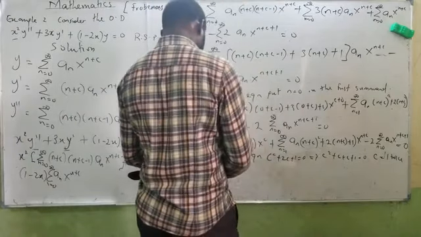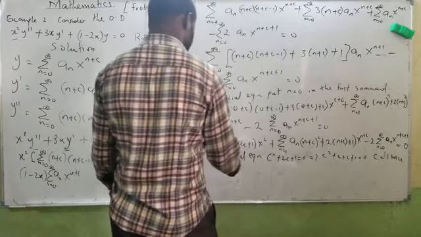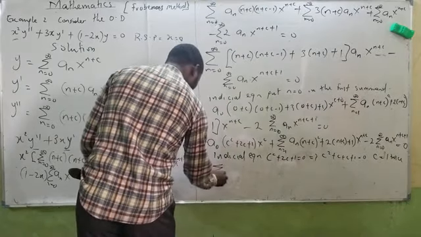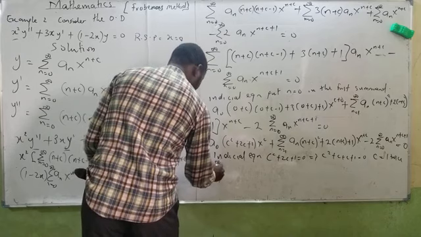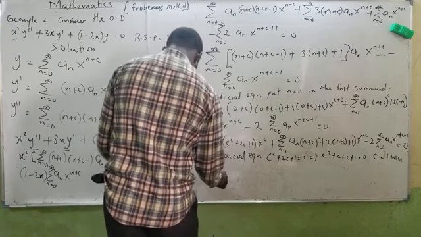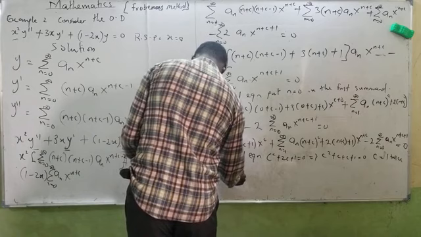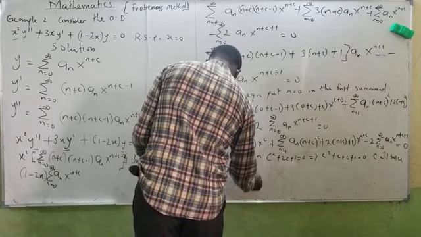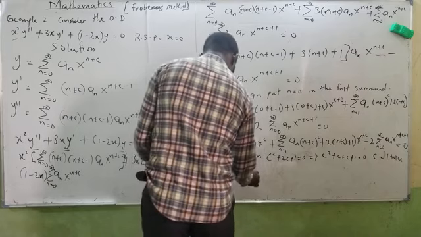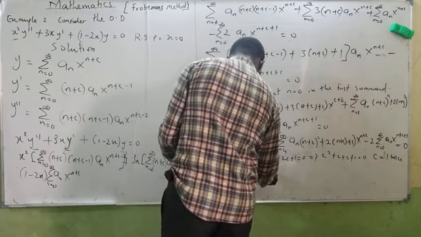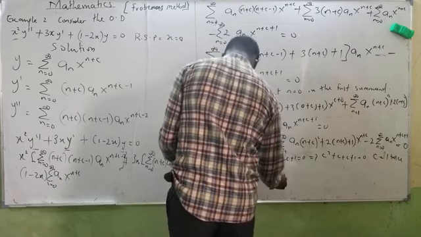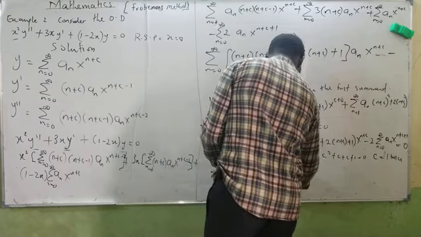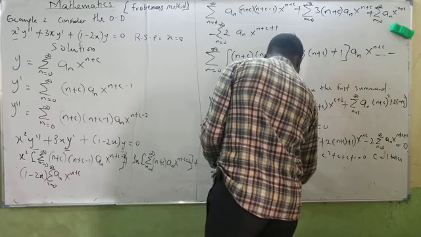Now, I think I can shift this one. The counter will now be n from 1 to infinity, and I'll be having a of n c plus 1 bracket of c squared plus n plus c, and minus 2 bracket of n from 1 to c.